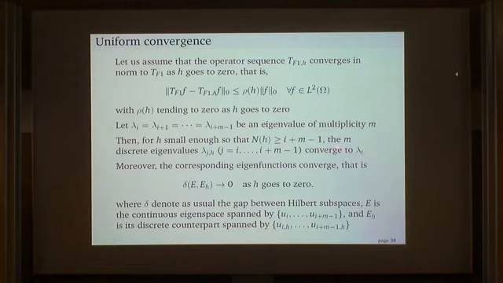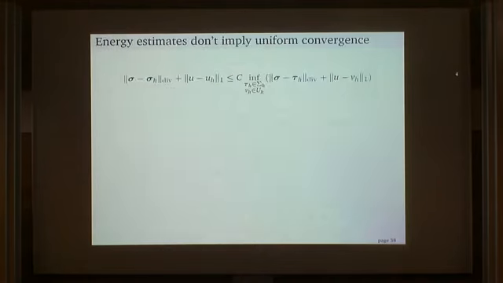Then you have exactly m discrete eigenvalues that converge to lambda I, and moreover the corresponding eigenspaces converge, in the sense that if you combine together all the eigenfunctions corresponding to the discrete values converging to lambda, then this space converges in the sense of the angle between subspaces of the Hilbert space, the gap, to the continuous eigenspace. Okay? So this is the standard theorem that you find in Babuska-Osborn, in Kato's book.